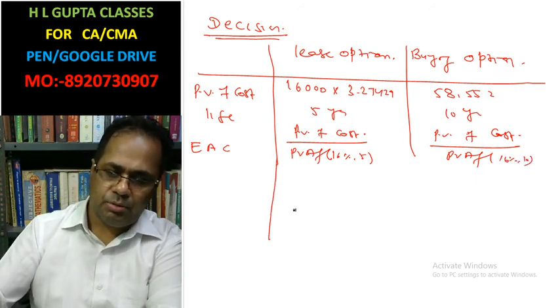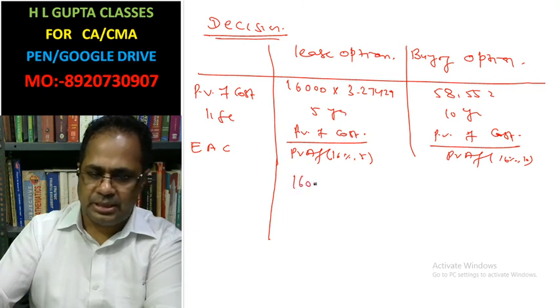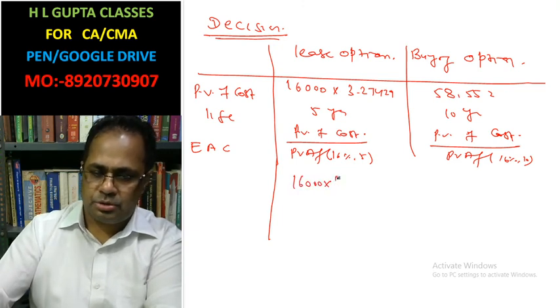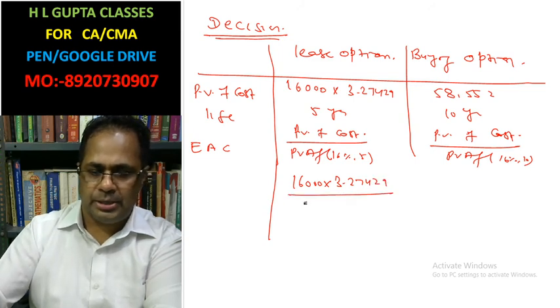The present value of cost is 16,000 into 3.27429 whole divided by 3.27429.